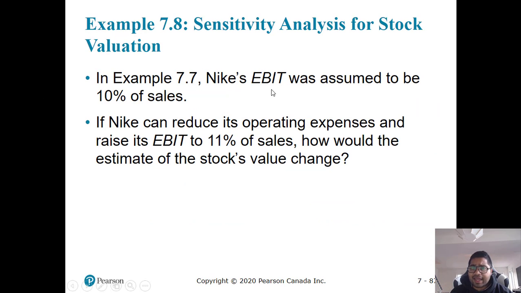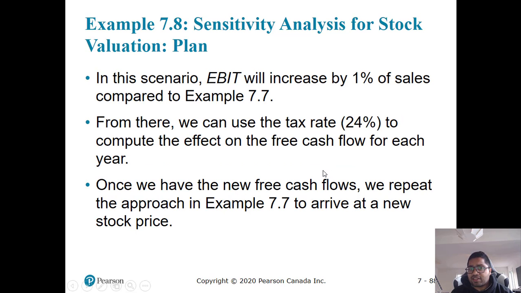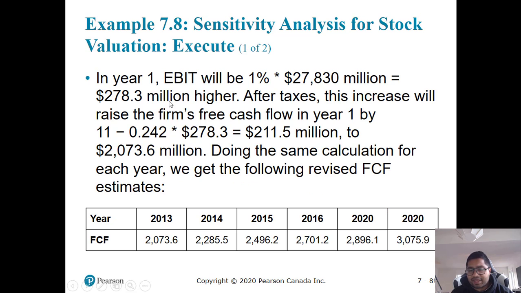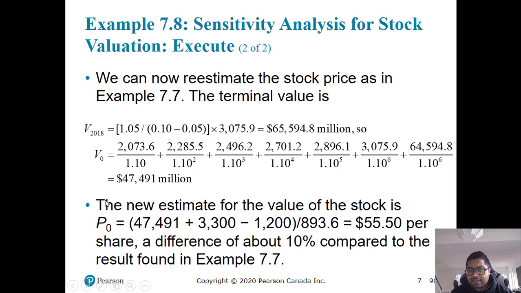Example, Nike's EBIT was assumed to be 10% of sales. If EBIT increases to 11% of sales, the value of the stock will change a lot. We can compute the value like we did, right? So it comes to $55.50. So there is a difference of 10%.